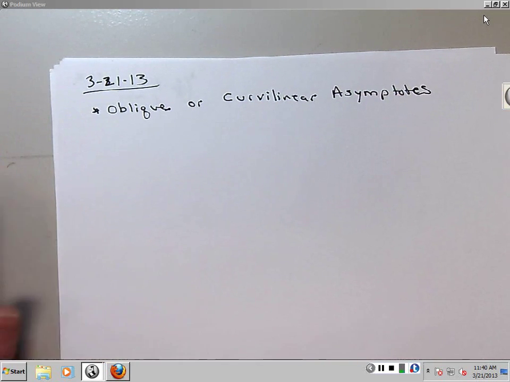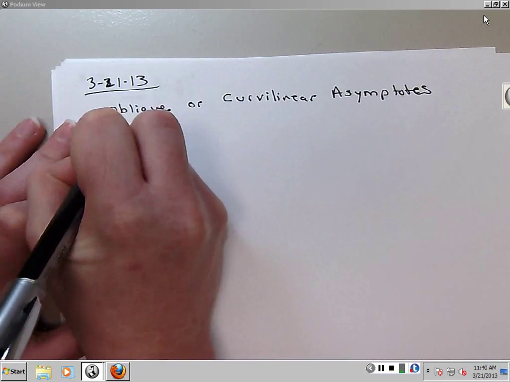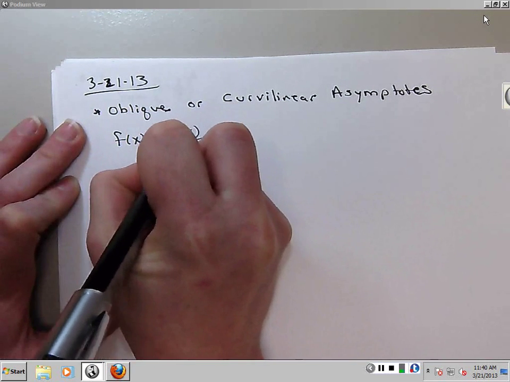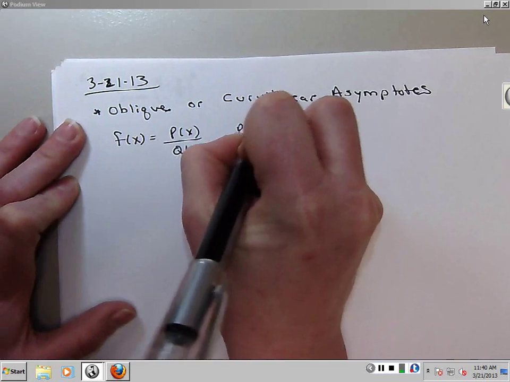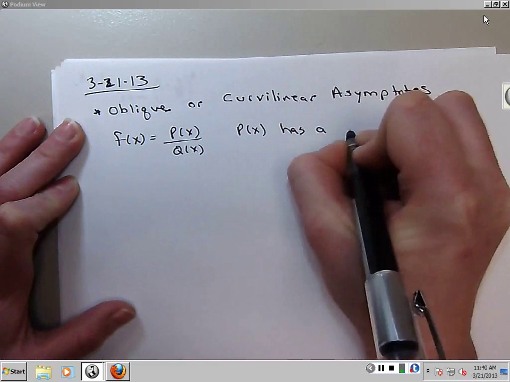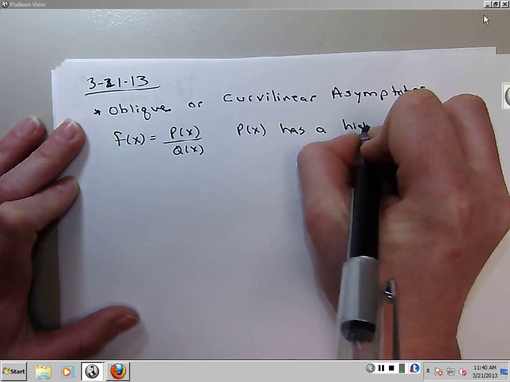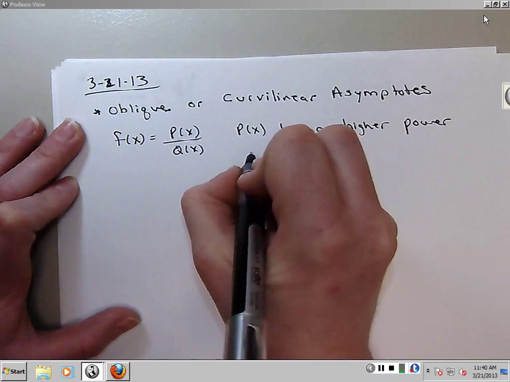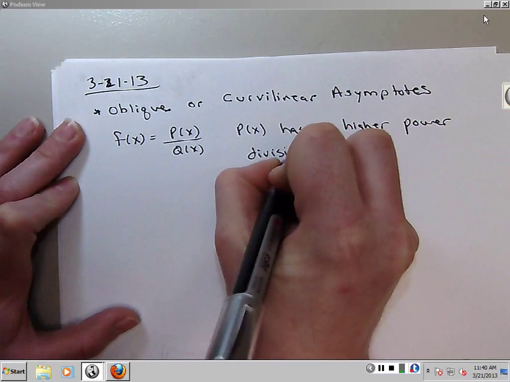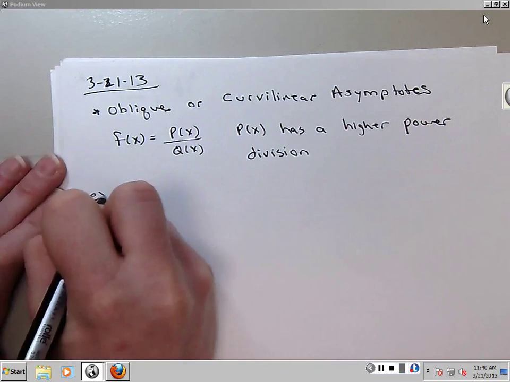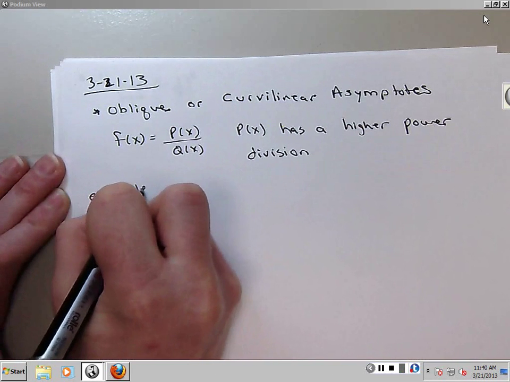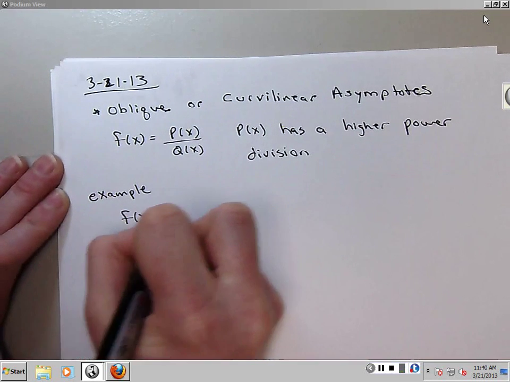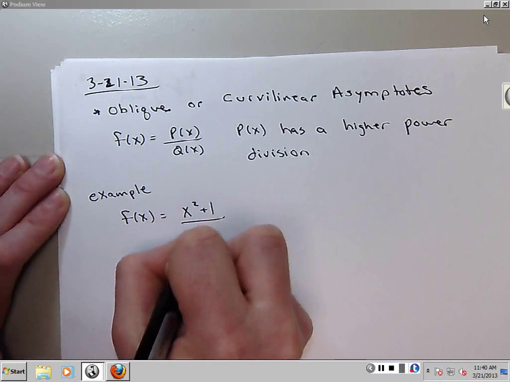It turns out when I have a polynomial in the form p of x over q of x, if p of x has a higher power, you can always use division. So let's look at an example. If I have a function f of x equals x squared plus 1 over x.